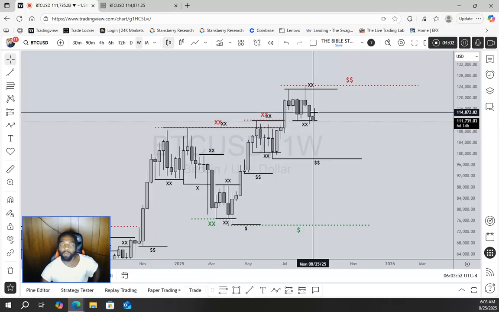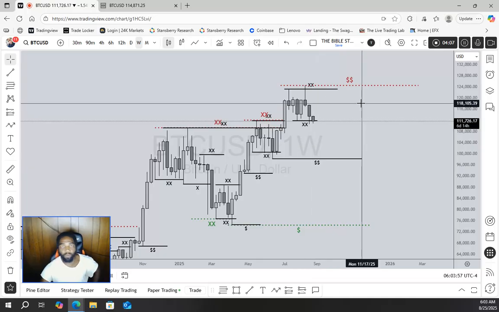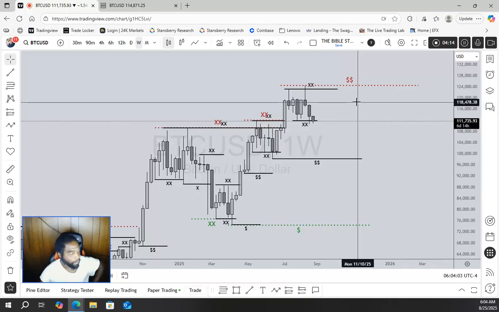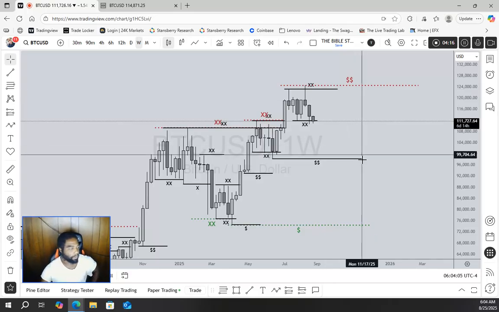We knew what price was going to do next, or we want to say, what price was likely to do next. You can say that too, but I mean, it is what it is. The chart speaks for itself.